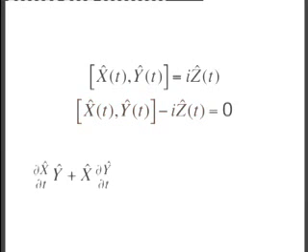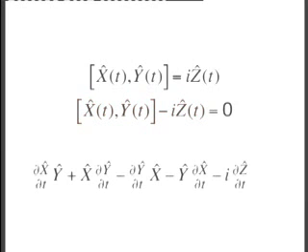Differentiate it with respect to time. That too has to be 0. So there we have a relationship between the time derivatives of observables. And we know that this relationship must be not just compatible but deducible from the law of motion of any qubit that exists anywhere in nature.